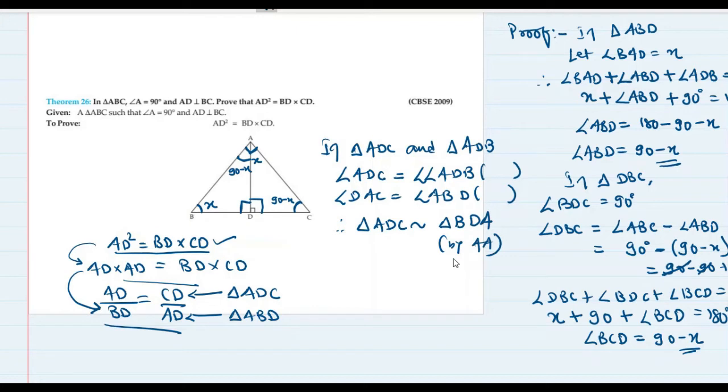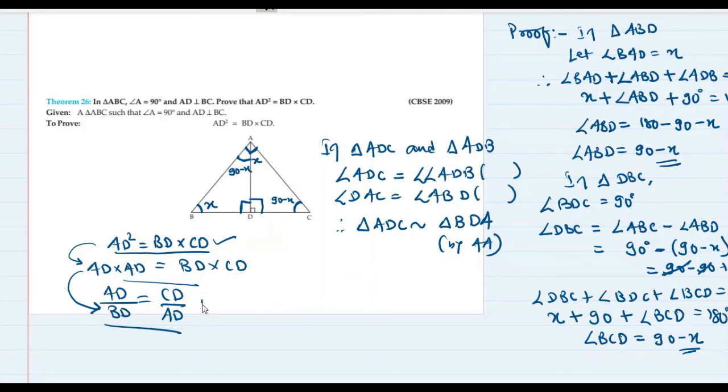Now, these two triangles are similar, ADC and BDA. What can you now write? You don't have to even think. Do you see those backdoor steps which we had just written? You have to write those steps in reverse order.